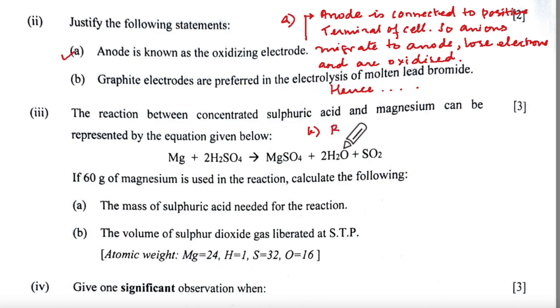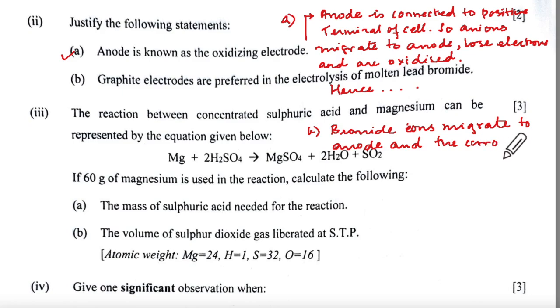Bromide ions migrate to anode and the corrosive bromine vapors affect iron electrode.